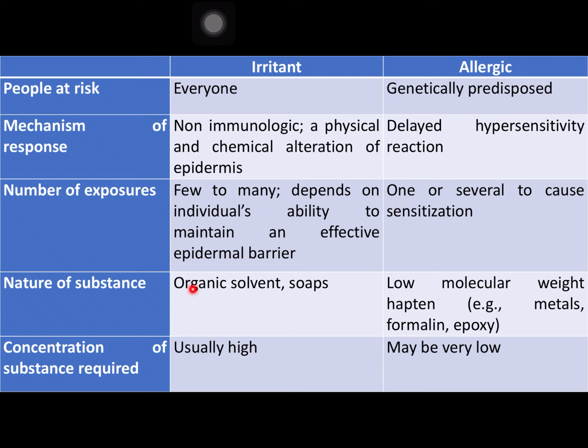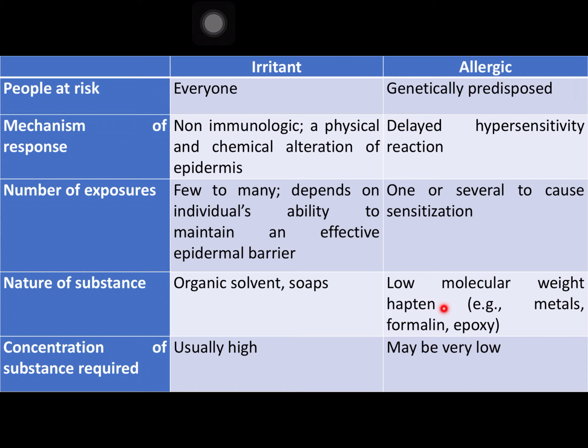Nature of the substance: organic solvent or soap, while in allergic it is a low molecular weight hapten. Hapten means a type of allergen that is capable of inducing immunity without needing to bind with another protein or carrier protein.